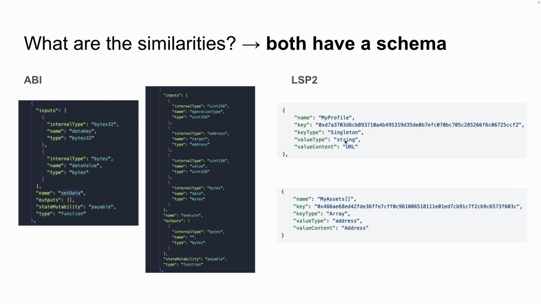For instance, if the raw bytes represent a string, or if they represent an address, and the value content is how you can then interpret these bytes. So the value type is for encoding and decoding. It's for contracts, interfaces and applications. And the value content is also for applications, but it's more for how you can understand this piece of data after retrieving it from the storage.